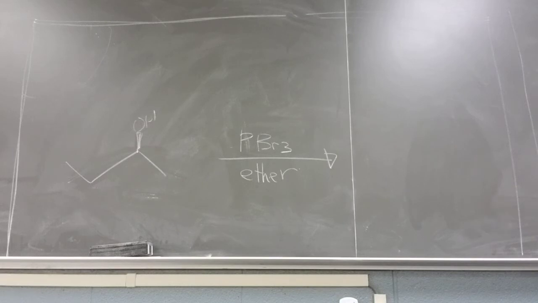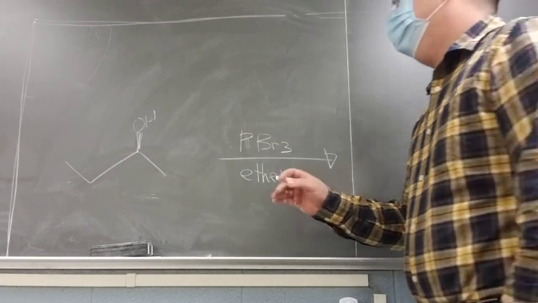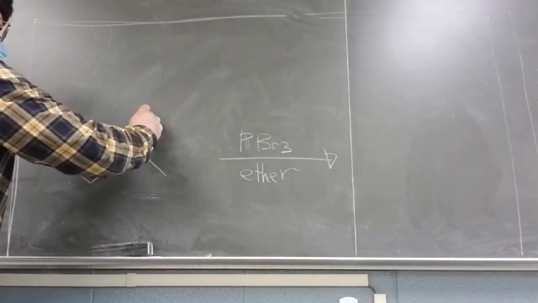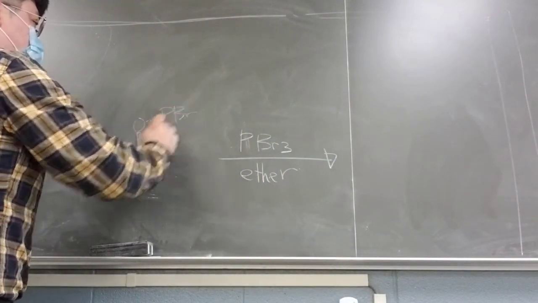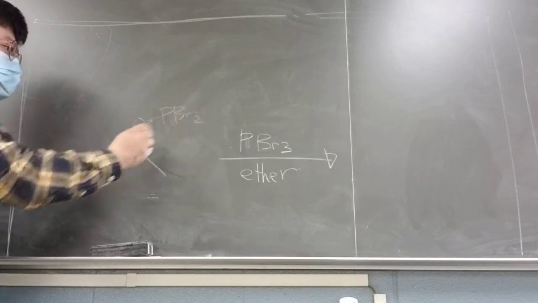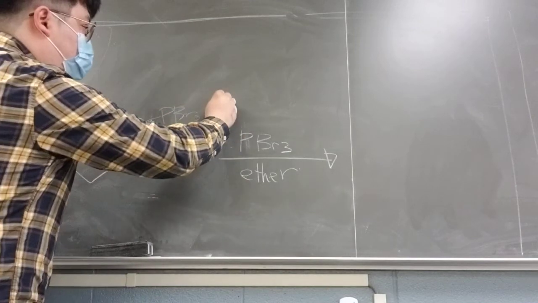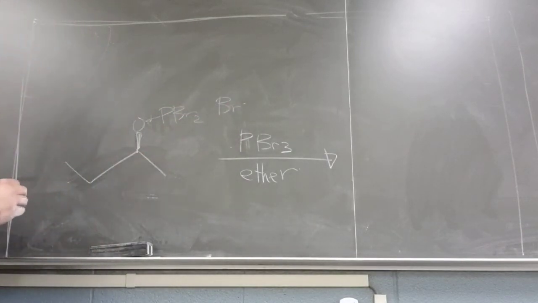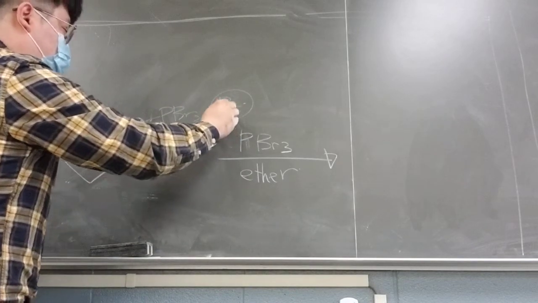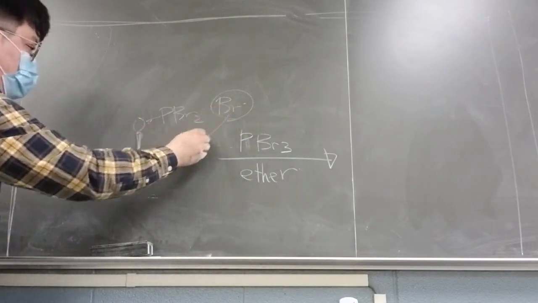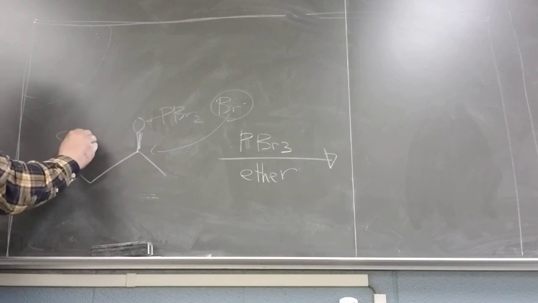But the final exam will be comprehensive, there won't be many questions from chapter 10 and 11. So it's pretty much the same. They're gonna form a better leaving group like this, and then there's one bromine anion there, and this is also SN2.